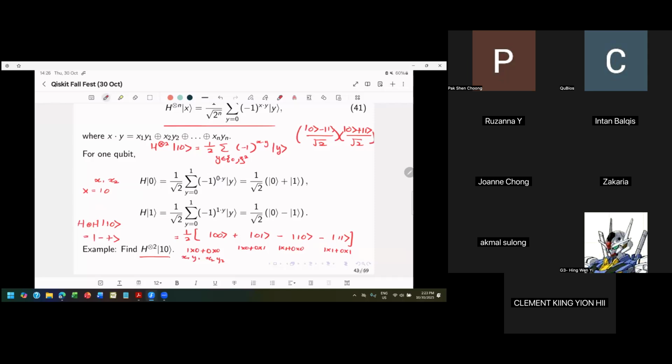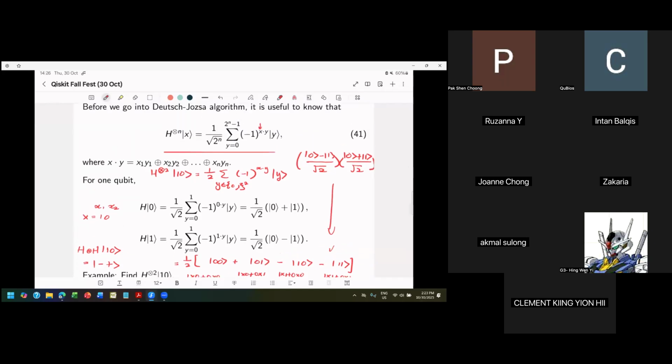So you perform the multiplication to see whether you get this particular result. If you get that result, then you are right. So 0 0, 0 1, 1 0, and 1 1 is negative, meaning that this expansion is the same as the one you did for the equation. So do you understand how equation 41 works? Perfectly clear?